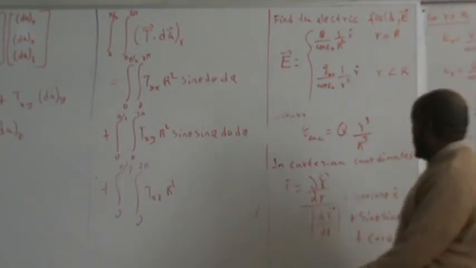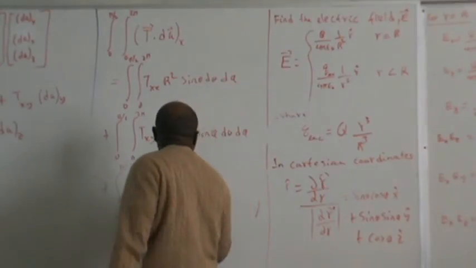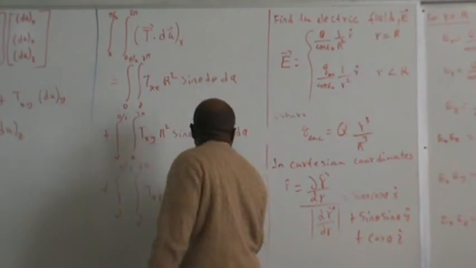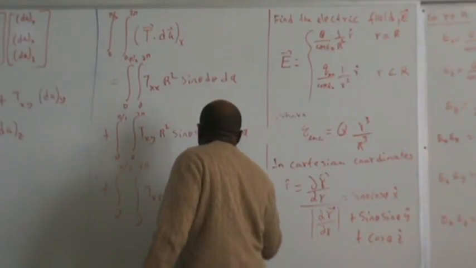So you have r squared sine of theta cosine of theta d theta d phi.